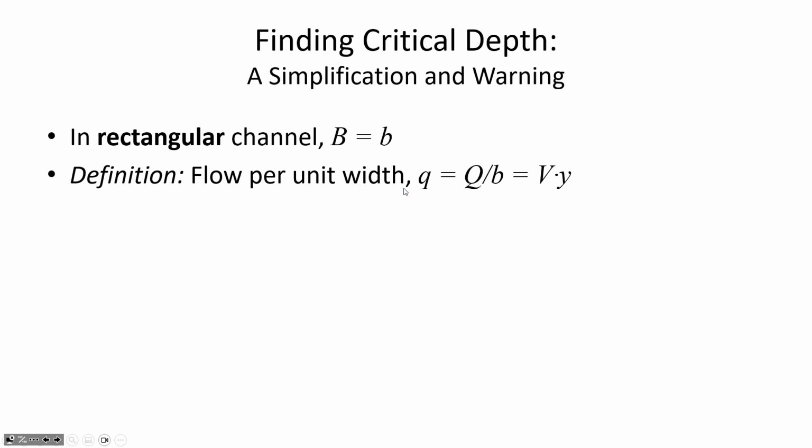Like in the example we just worked, the flow per unit width, lowercase q, is big Q divided by b, so that's 10 cubic meters per second divided by 4 meters. That is 2.5, I think.